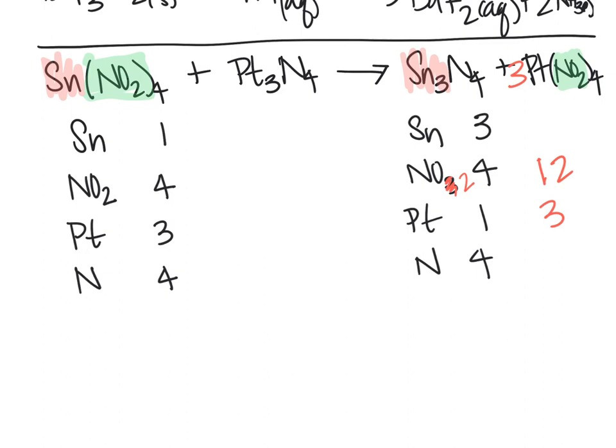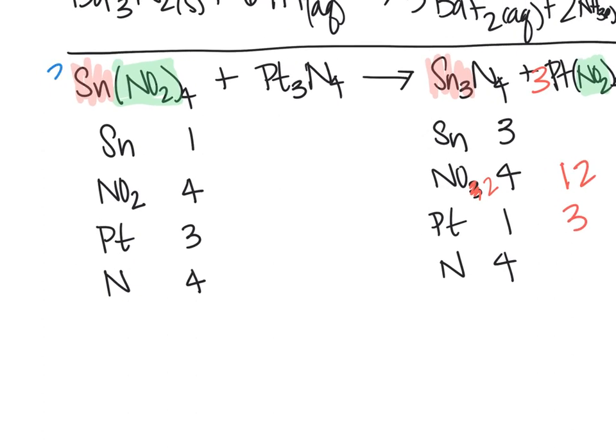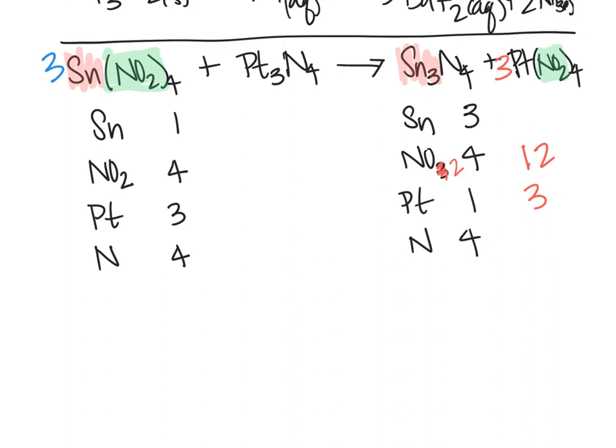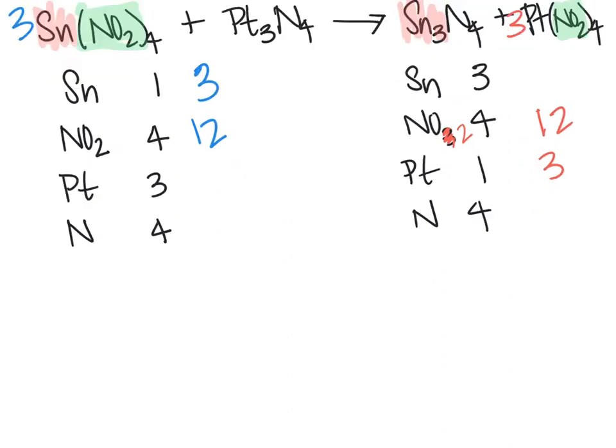So we're going to add a 3 here. So from here, we're going to end up with 3 and 12. So now all of our chemical components are balanced, so we can rewrite our chemical equation.